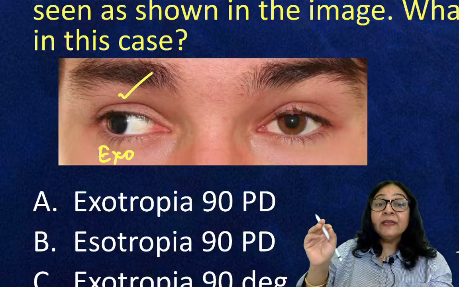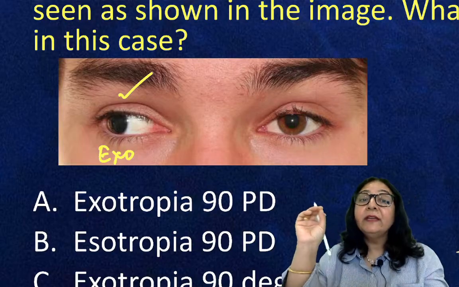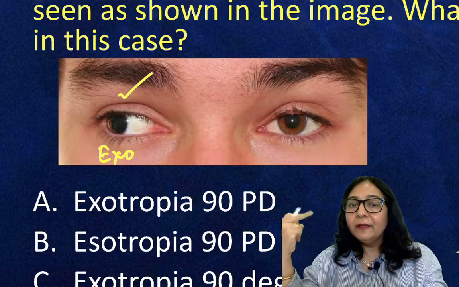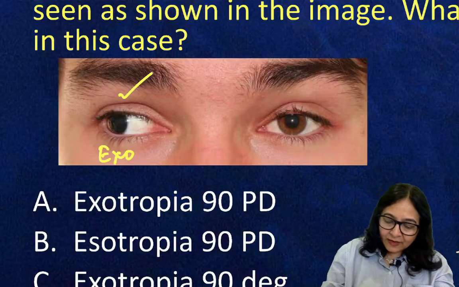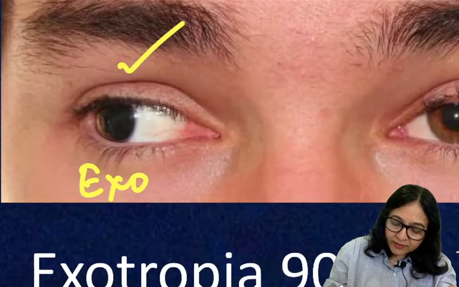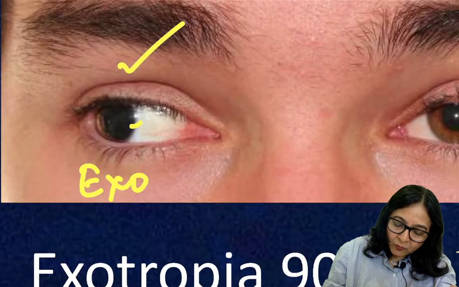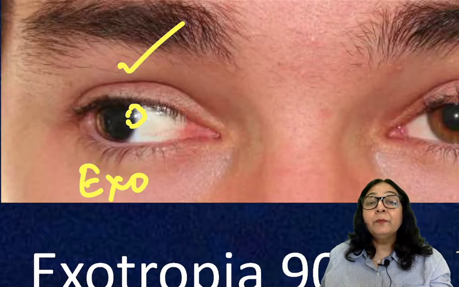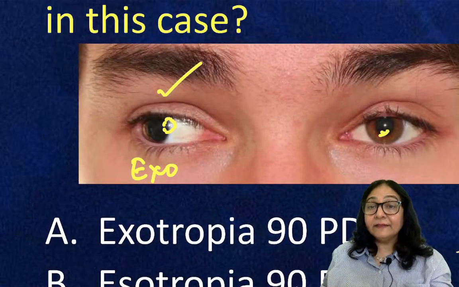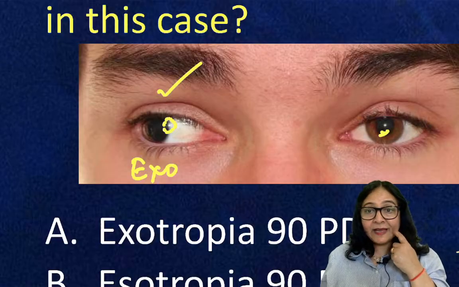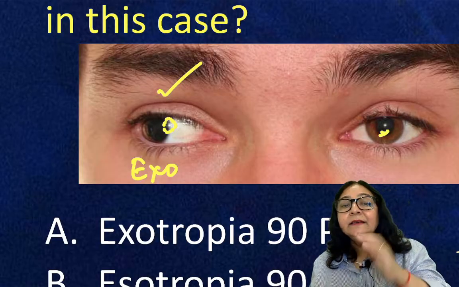If they asked about how much degree, that is they wanted to know interpretation of the Hirschberg corneal reflex test. So here, if it was similar to what was shown in the exam, the reflex in this eye is in the center, whereas in the affected eye it is at the limbus.